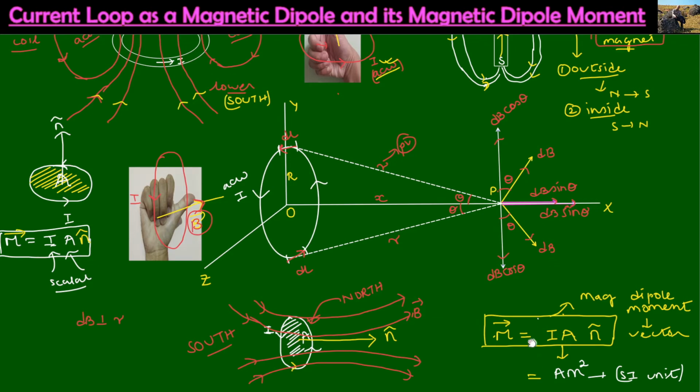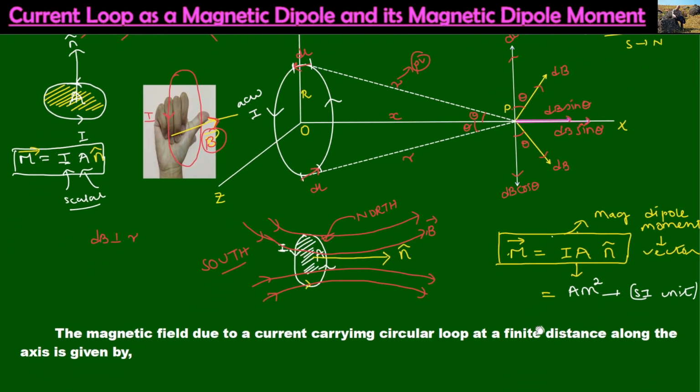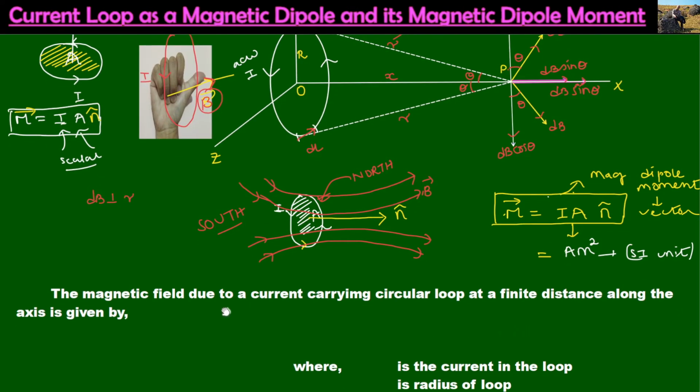That is why, as we discussed last time, the magnetic field due to this current carrying circular loop at a finite distance along the x-axis is given by B equals mu naught I r square divided by 2 into (x square plus r square) to the power 3 by 2.